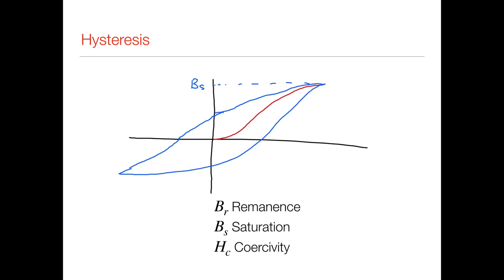The shape of this hysteresis loop is very much controlled by how easy it is to move the magnetic domains, how easy it is for those domain walls to move. So we can influence the magnetic properties of our material if we find ways to control how those domain walls move. A very straightforward example is that in very pure iron, it's very easy to move the domain walls.